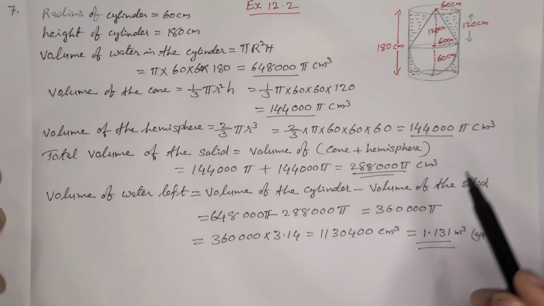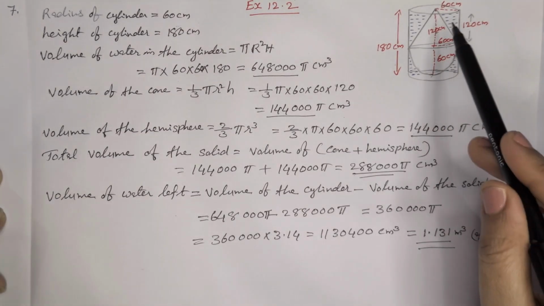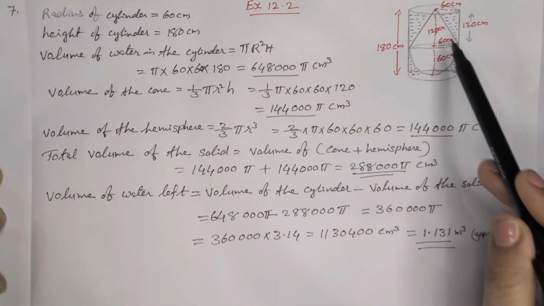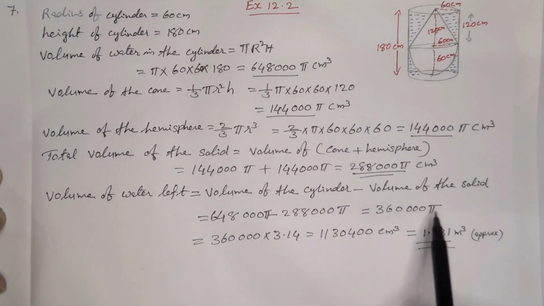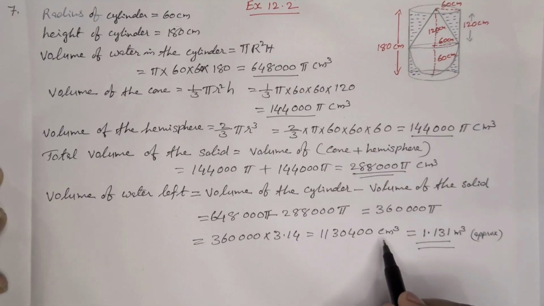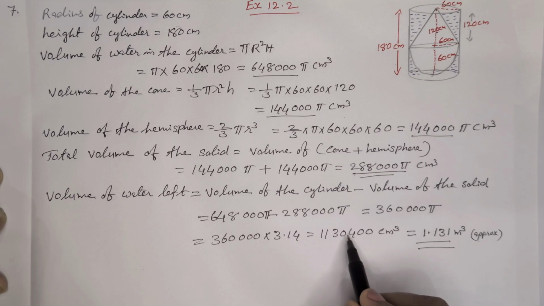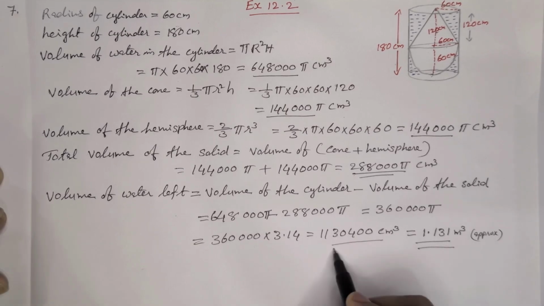So volume of water left in the cylinder is equal to volume of the cylinder minus volume of the solid. Using pi as 3.14, we get the value in centimeter cube. We can convert it to meter cube by moving 6 places to the left. So 1.131 meter cube.